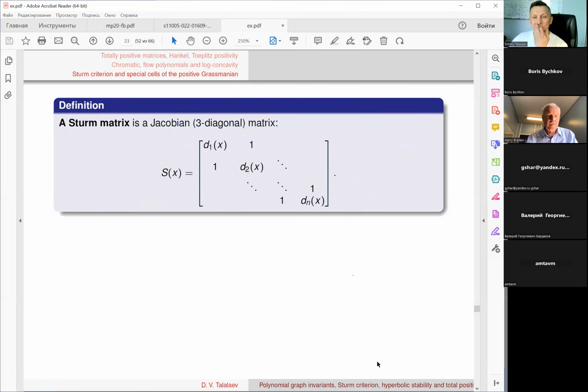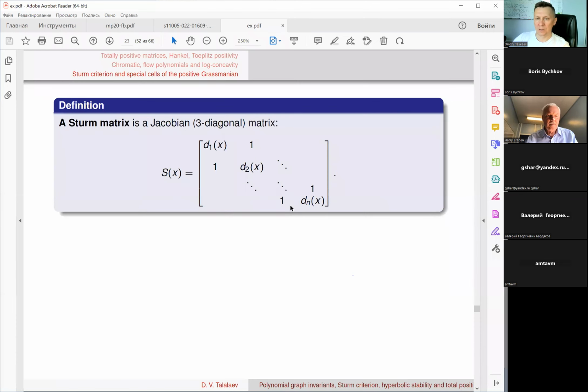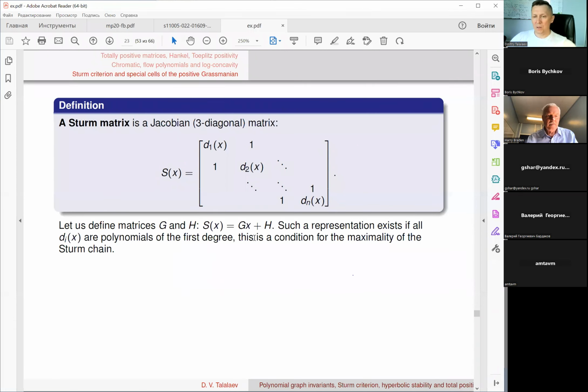We consider the Sturm matrix associated with the Sturm sequence. So d_i here are just the factors in the Euclid algorithm, and here d_i are on the diagonal. We consider now the case of the maximal Sturm sequence, Sturm chain of maximal length.